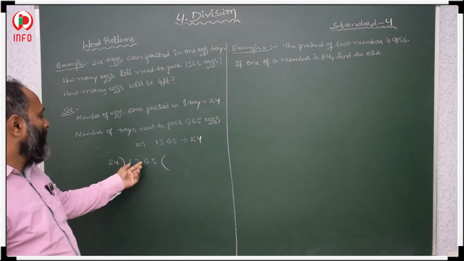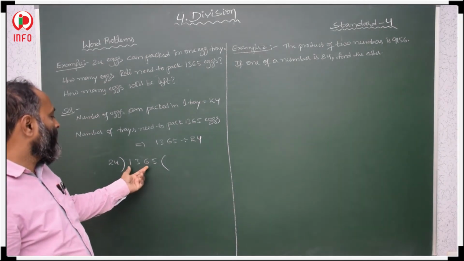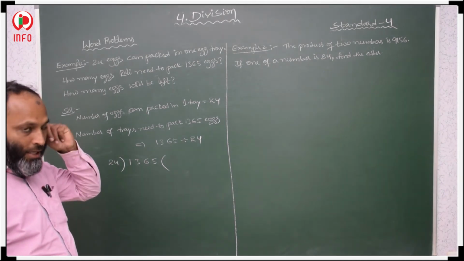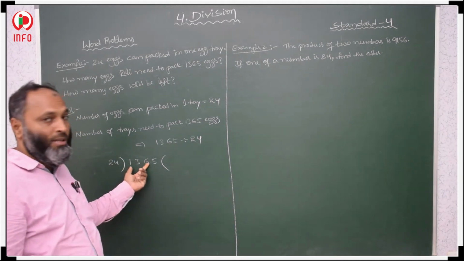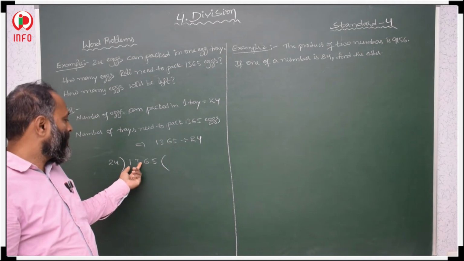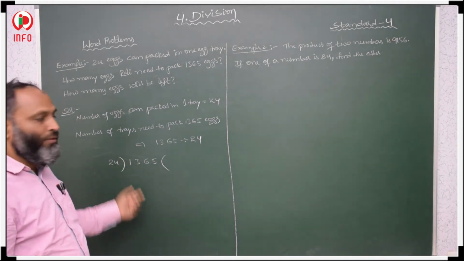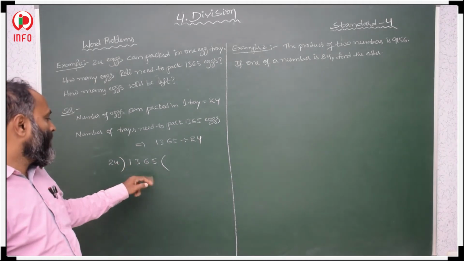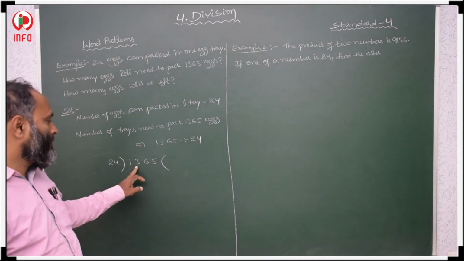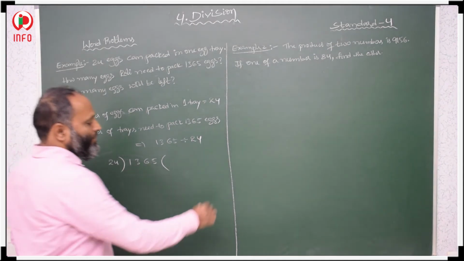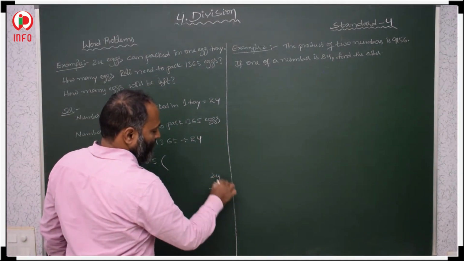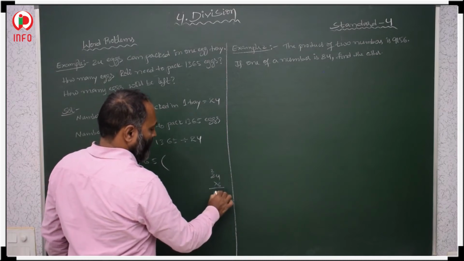So we have to take the first three digits, 136, because the first two numbers are lesser than 24. So we have to take 136. Now in the 24 table, 24 sixes are 144.